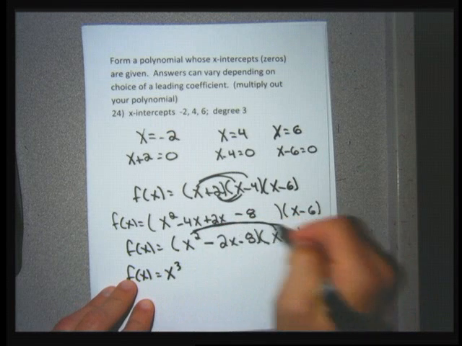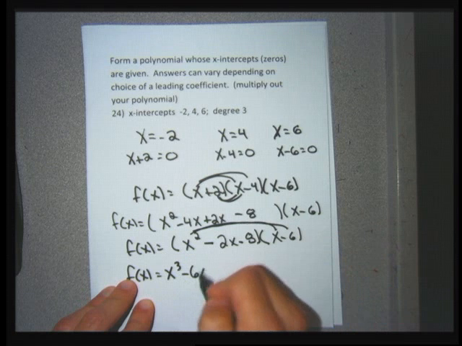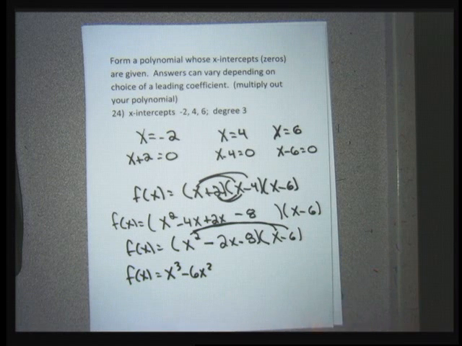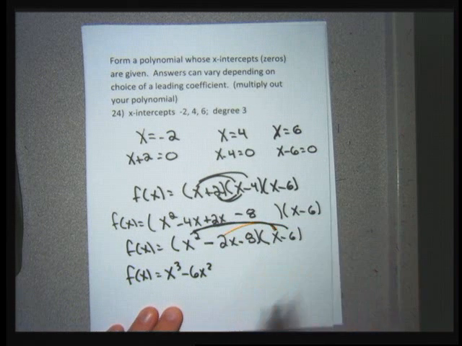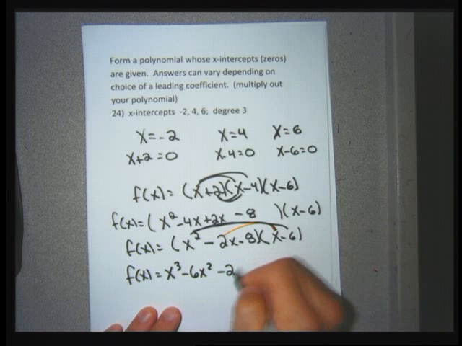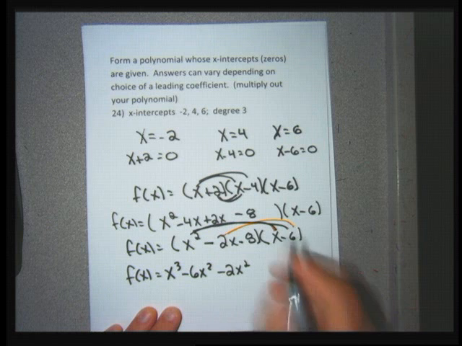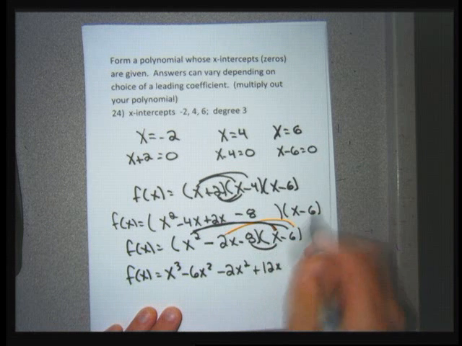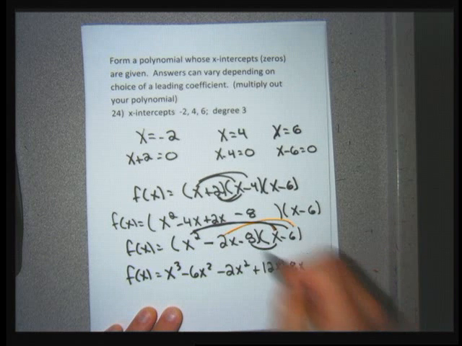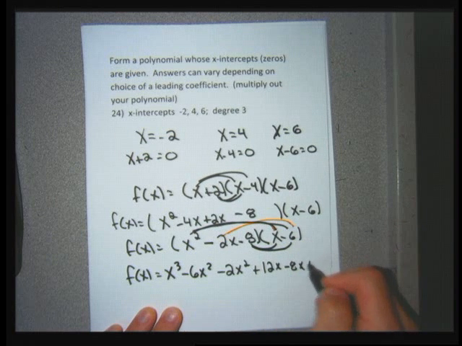And then x squared times -6 is -6x squared, and then minus 2x times x is minus 2x squared, and then minus 2x times minus 6 is plus 12x, and then minus 8 times x is minus 8x, and then minus 8 times minus 6 is plus 48.